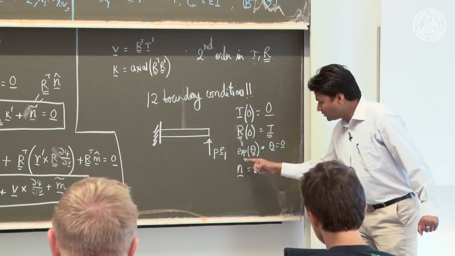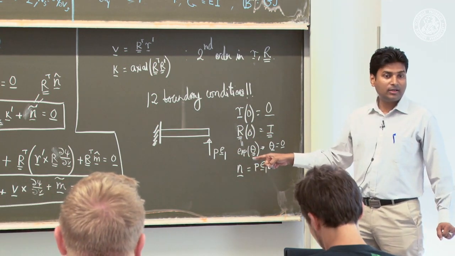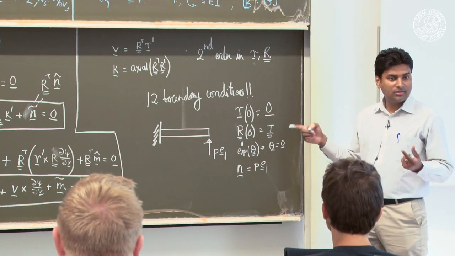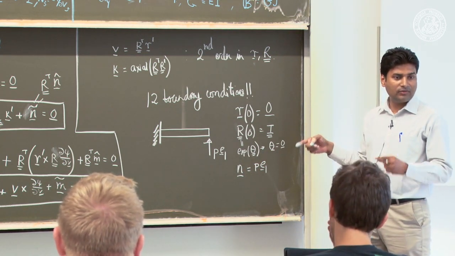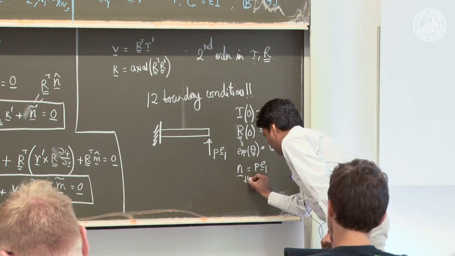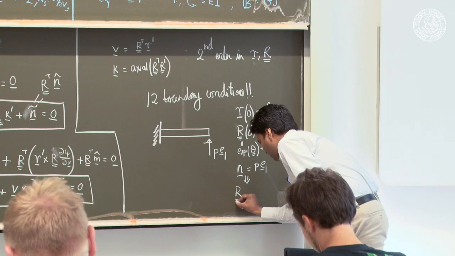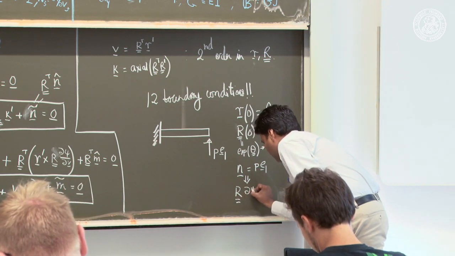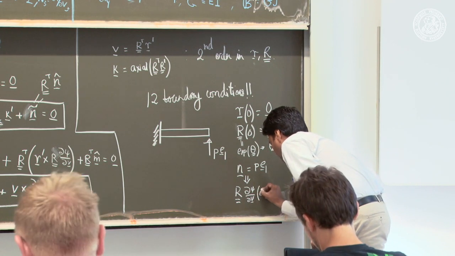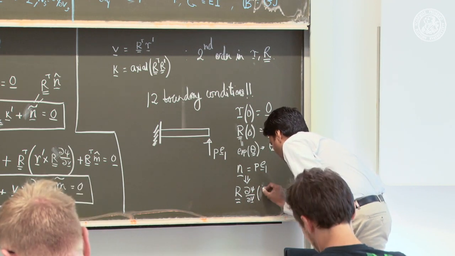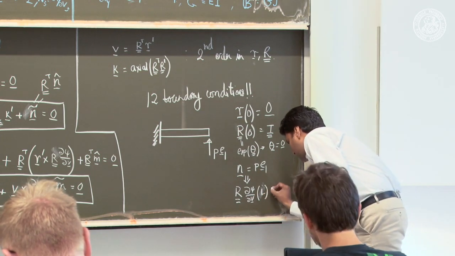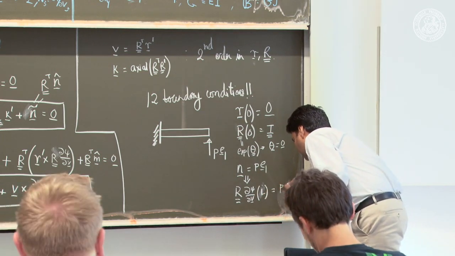But then we have to write this n in terms of the kinematic variable, which is simply big R times del psi over del V. So this is the same as big R times del psi over del V at 1, for example, or L, that is equal to p times E1.